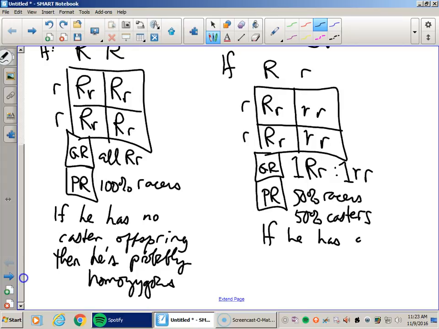So if he has one caster offspring, he's a het. Okay, he's a carrier. He's a heterozygote. Okay, so that's that one.